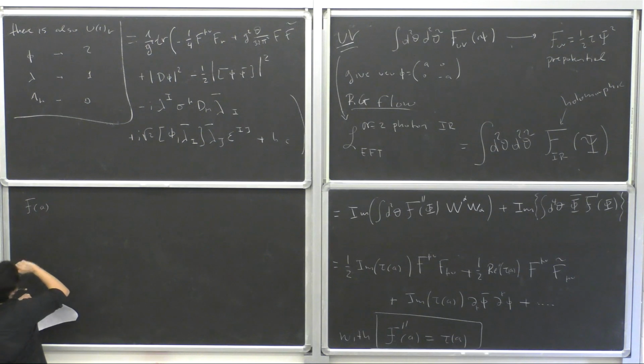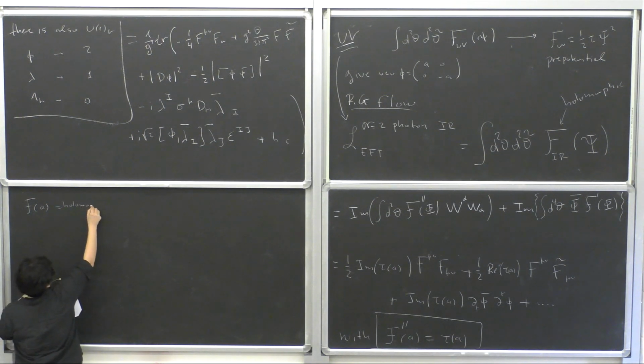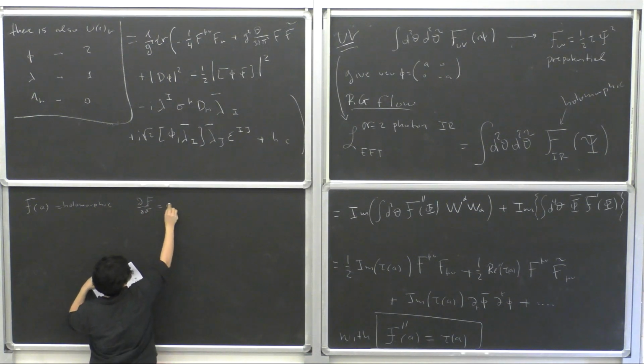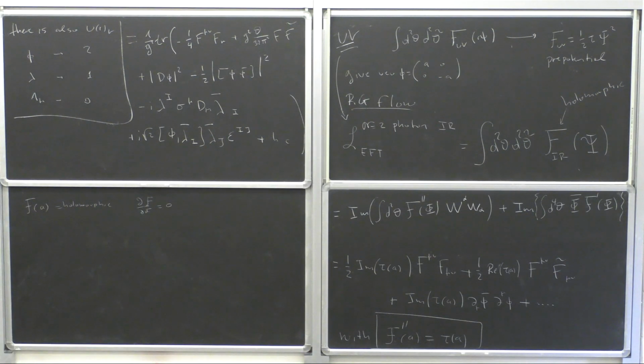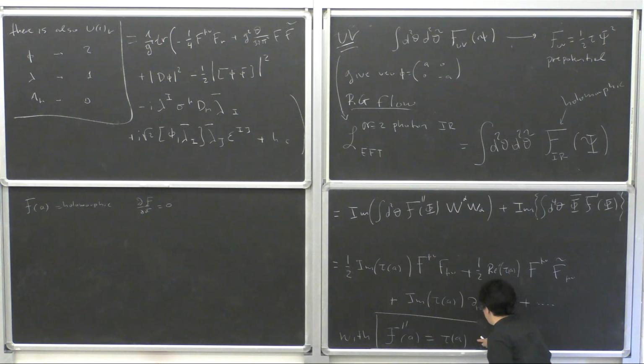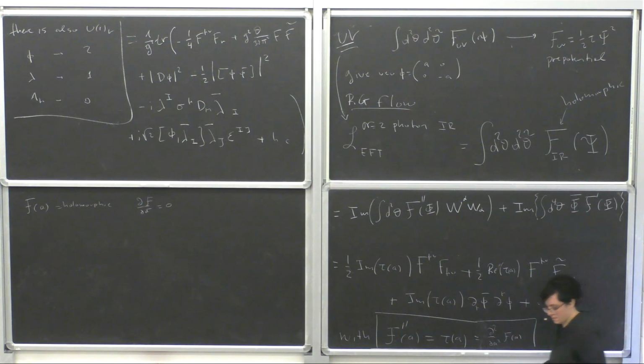So when I write also this, dF/dĀ is equal to 0. This is what I mean, yes? Holomorphic. And it comes from the superfield level. And also, there is something else that is very important. If this is true, because tau A, you have to take derivatives. So this is derivatives, yes? What I mean by this is d squared/dA squared of F, yes? This is what I mean by this.